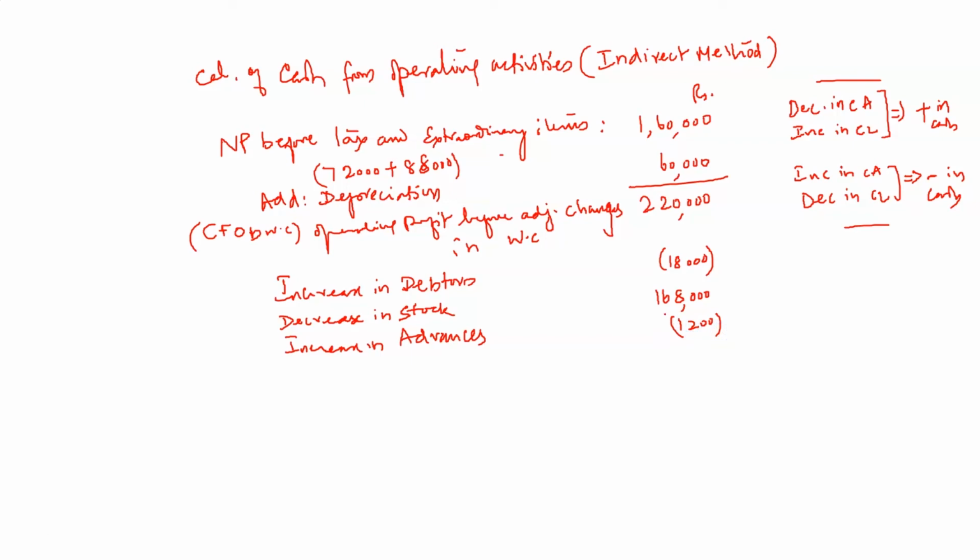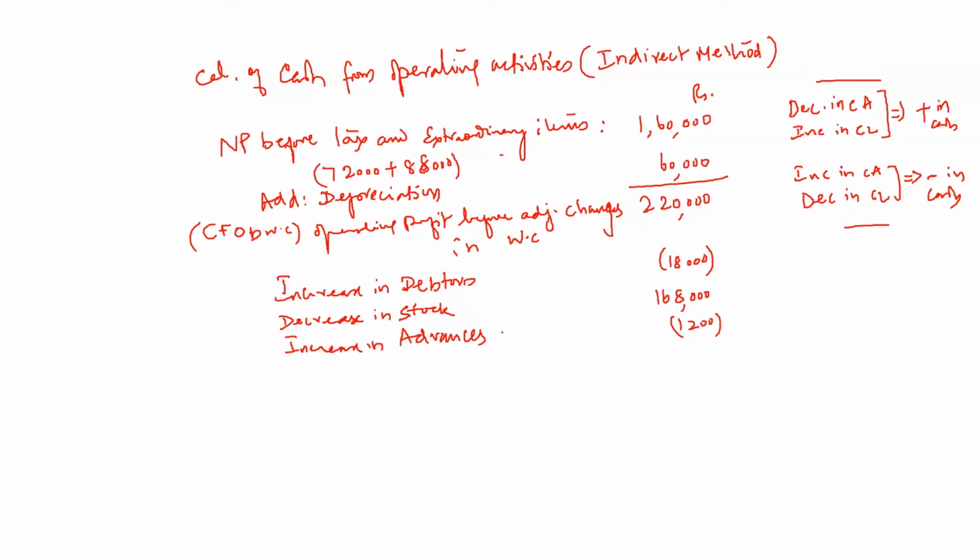So in fact, in the direct method, we used to prepare ledgers for this to know the exact cash received from debtors and paid to creditors, and your purchases, and cash paid towards employees.